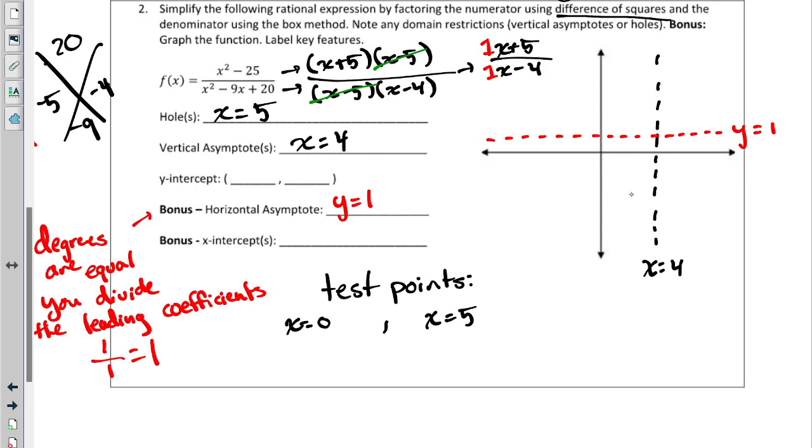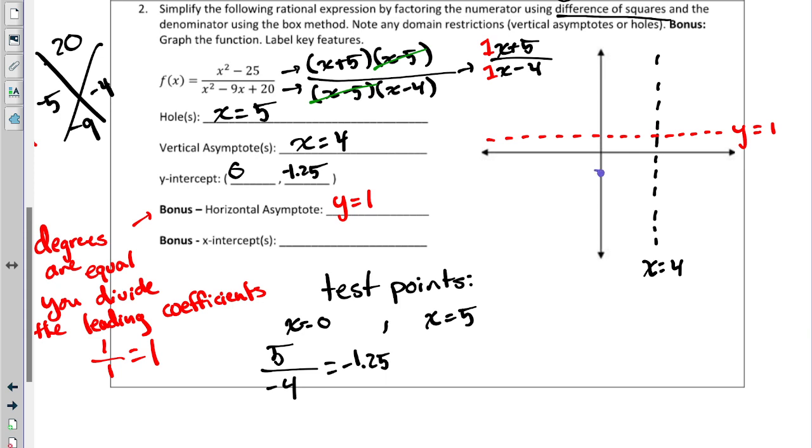All right, so here we go. When I plug in x equals 0, I can use the simplified version now. And so I'm going to just plug in x equals 0, and I get 5 divided by negative 4, which is negative 1.25. That's also my y-intercept, which is very nice. Double dipped. So that means I have a point where when x is 0, y is negative 1.25.